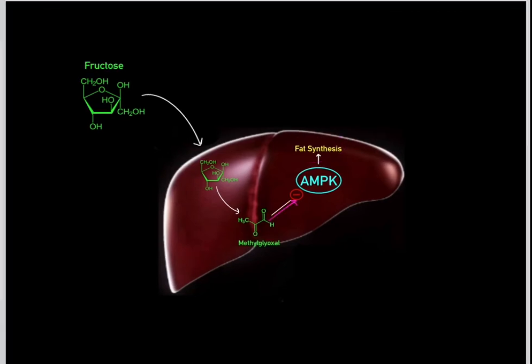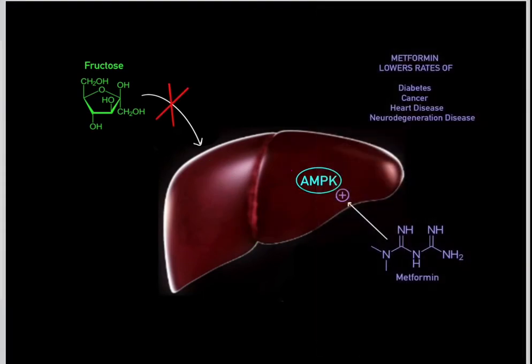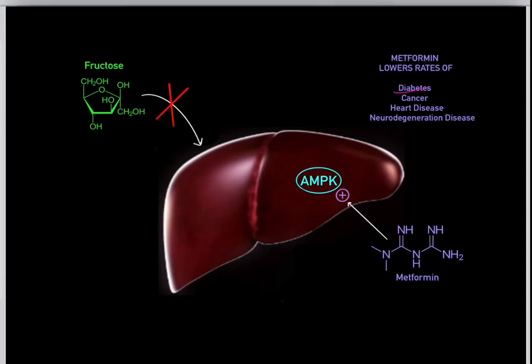However, constant inhibition of AMPK leads to serious long-term side effects. For example, when you do the opposite, when you take metformin, that activates this AMPK, and that leads to lower levels of diabetes and cancer and heart disease and neurodegenerative diseases. And I know this sounds too good to be true, but look it up for yourself.